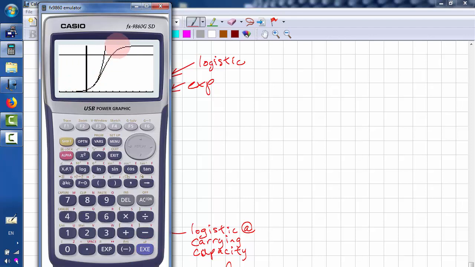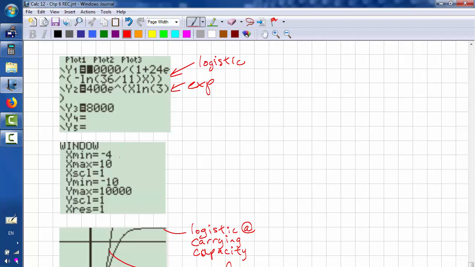Okay, now that looks like our logistic function. And we have our exponential function. I'm not going to take screenshots of this because it's going to be similar to that. We just have extra brackets on the Casio that requires us to do that.